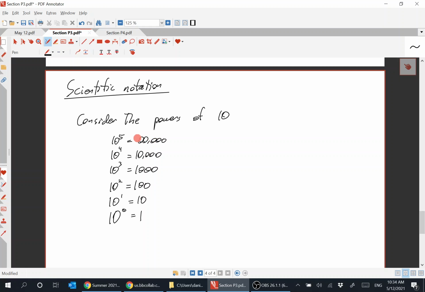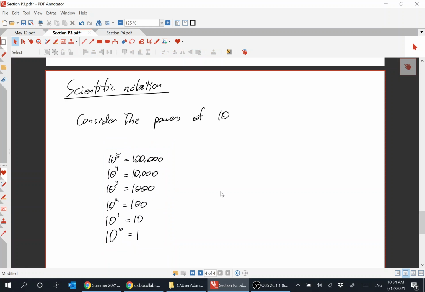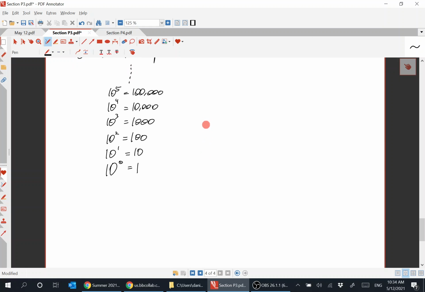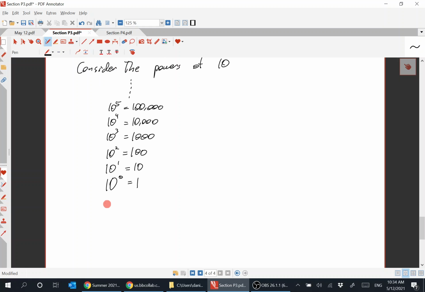100,000. And then we've got the negative exponents of 10 as well. So 10 to the minus 1, well, it's 1/10, right?